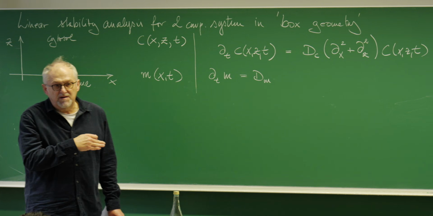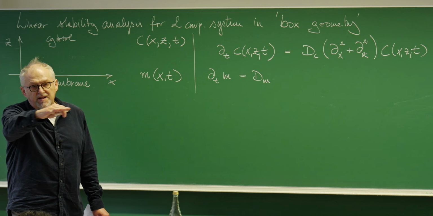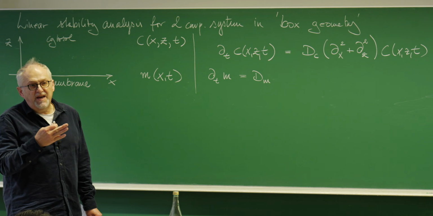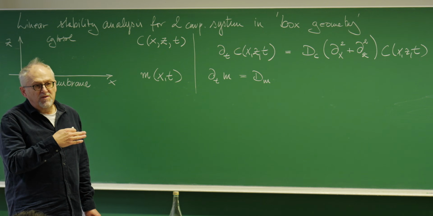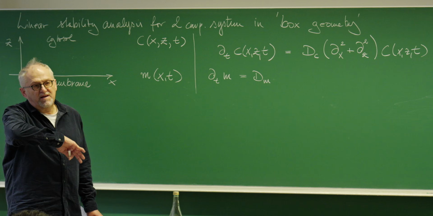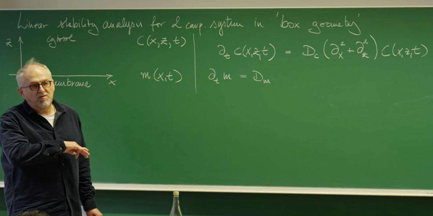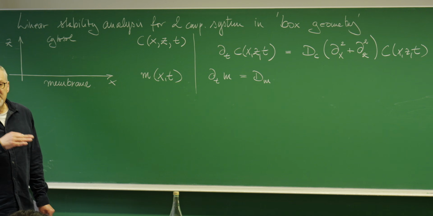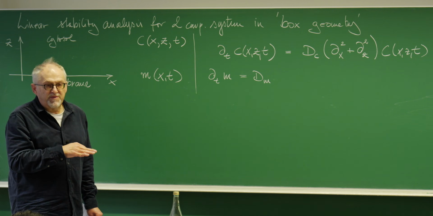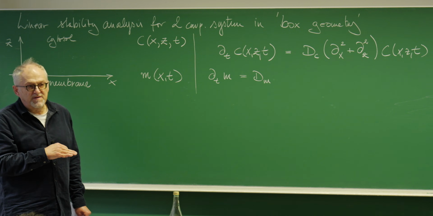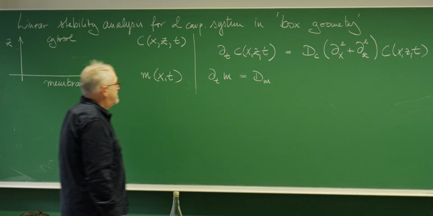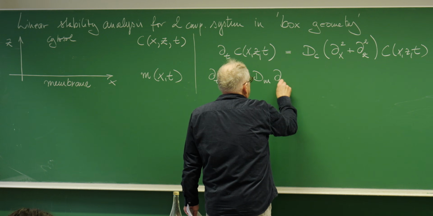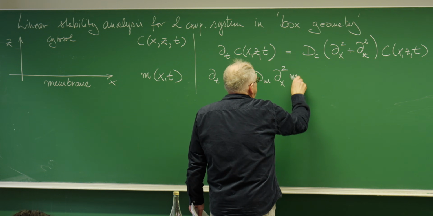That's simple here because I'm just looking at a flat one-dimensional landscape. So this is just ∂x squared. If I were to look at something more complicated like a sphere or a cylinder or other kind of geometries, then of course I need the Laplace-Beltrami operator for that particular surface. So here we just use the flat 1D geometry, which means this is ∂x squared m.